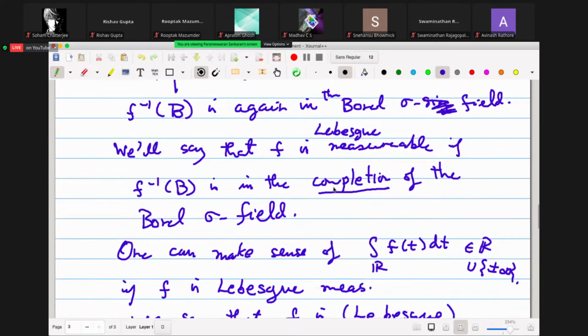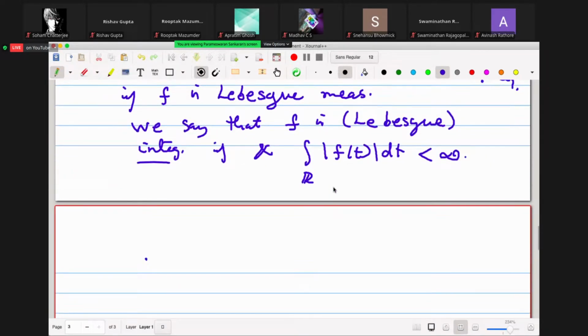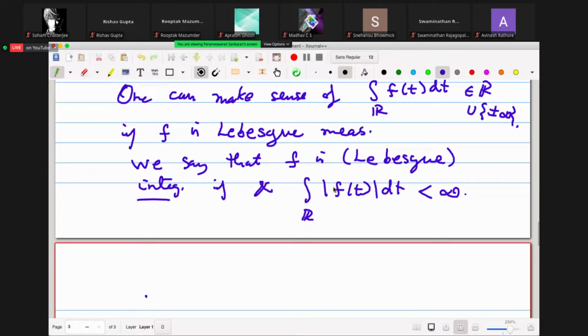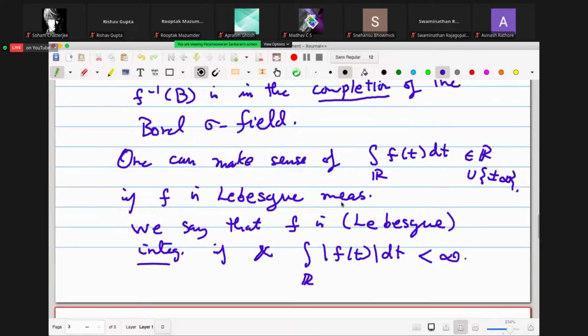And the meaning is the most natural one, and I will not go into it. It just coincides with the usual notion that we know. In fact, the definition of this itself is given in terms of integration of step functions, and for step functions, you know what it is.